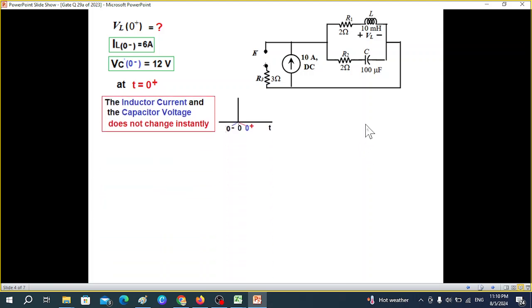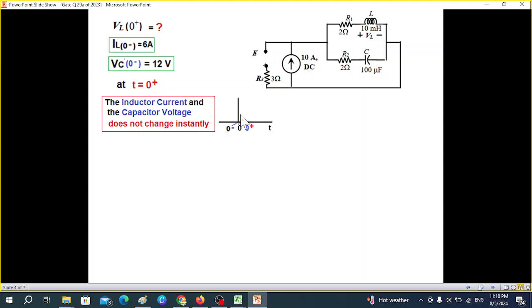And a very important point, which has very much importance in the solving of this question, is the two characteristics that the inductor current and the capacitor voltage do not change instantly.